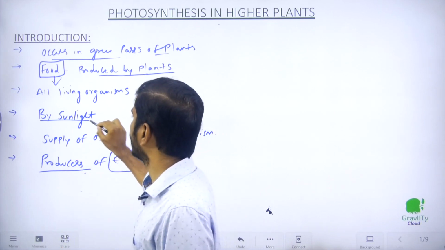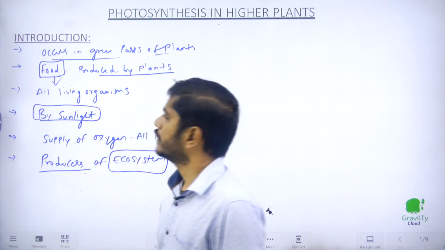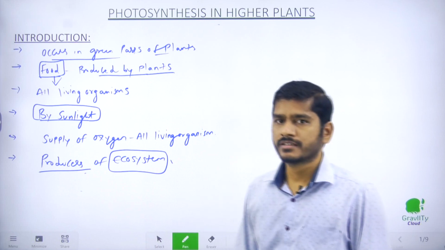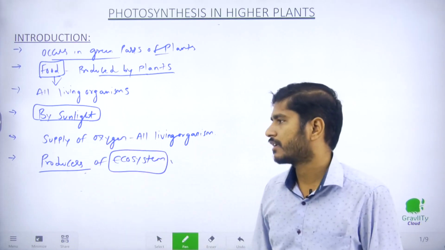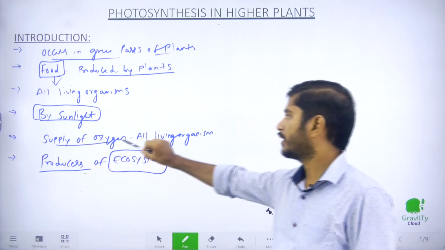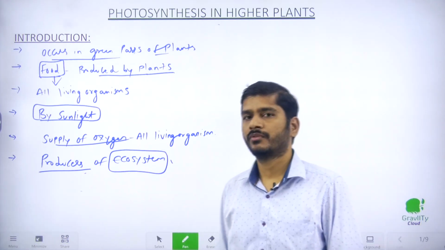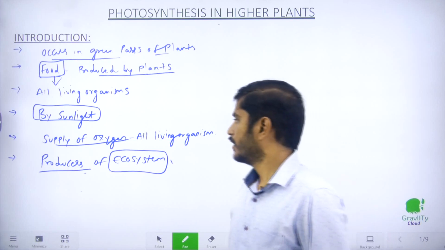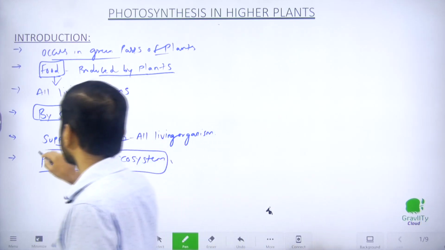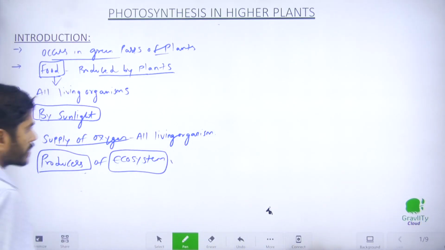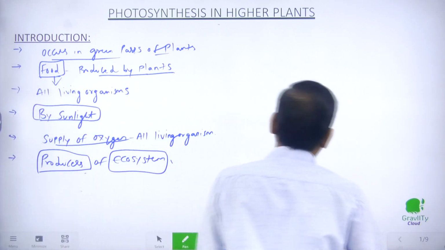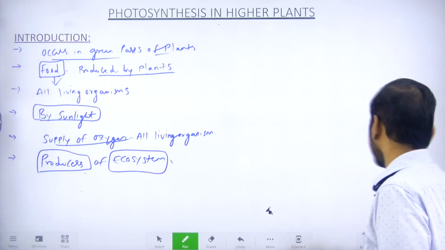Now the major thing needed is sunlight, compulsory. Without sunlight it cannot be. And next, supply of oxygen is also one of the major aspects in photosynthesis. That's why plants are considered to be producers of the ecosystem. Right? So this is a little introduction.